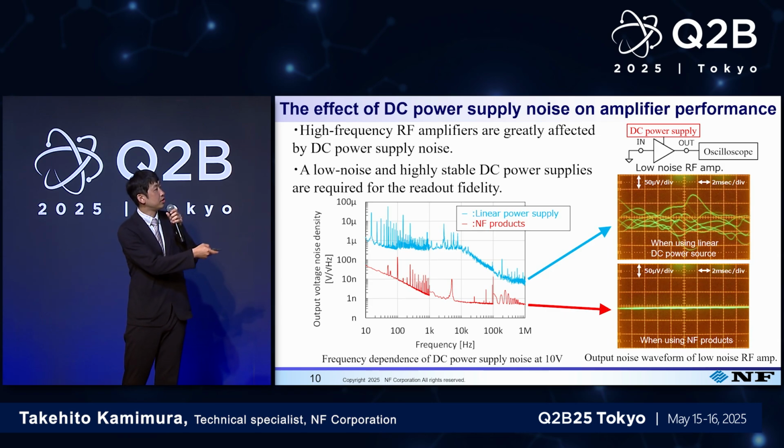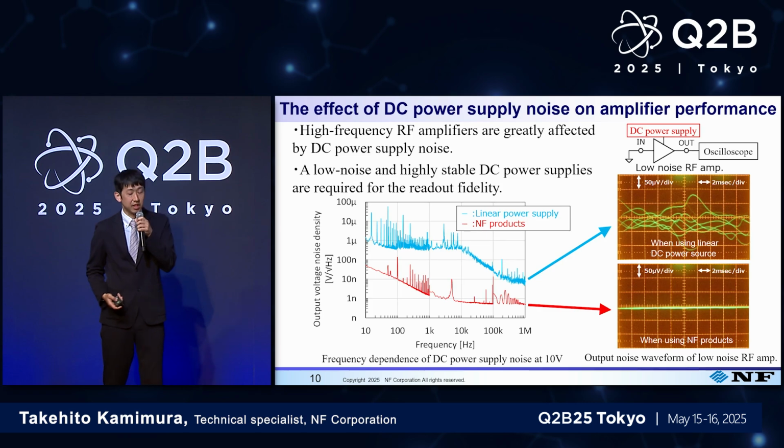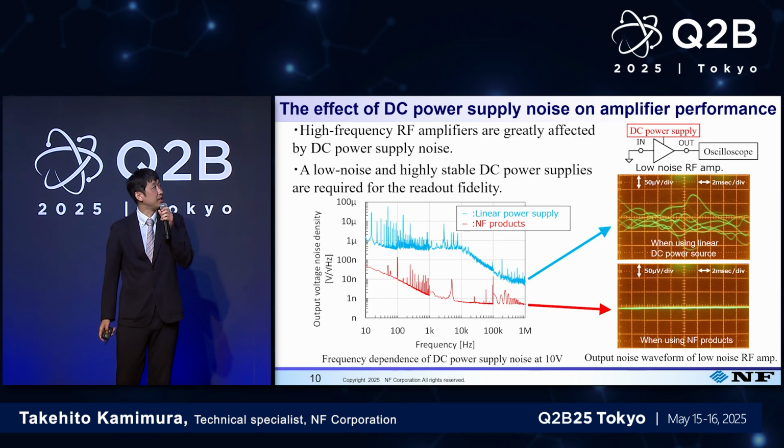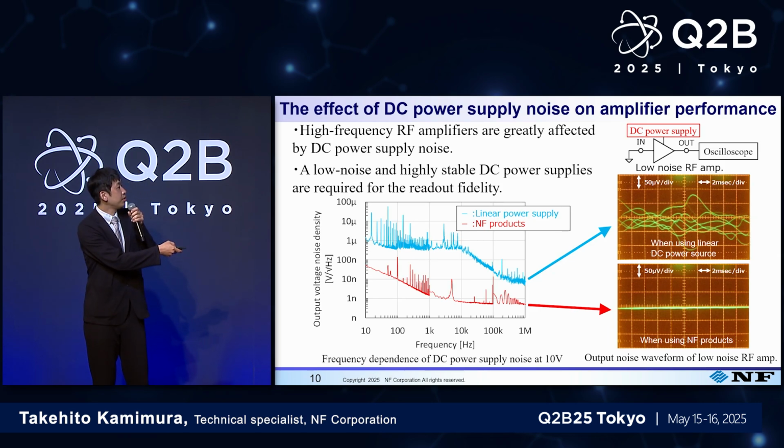On the right-hand side, you can find the waveform of the amplifier's output noise. The upper side is a regular linear power supply, and the lower side is our company's power source. As you see, the difference in the power source gives a great difference in the noise level.